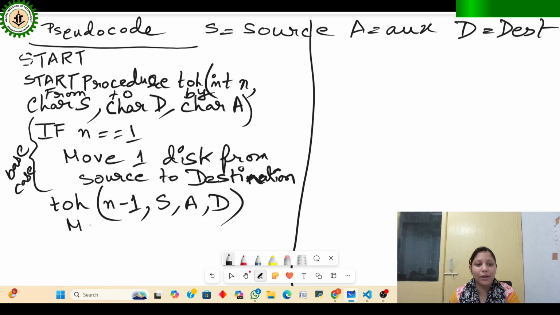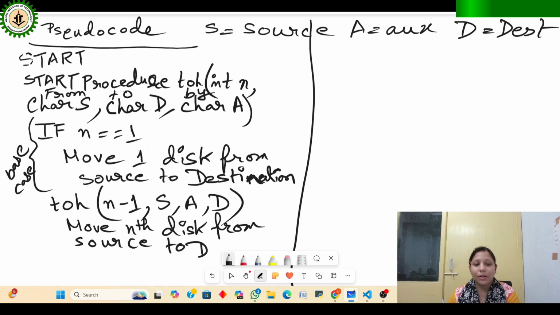Then again we will write move nth disk, the last disk present in the source rod, from source to destination. Here we will not declare any via.